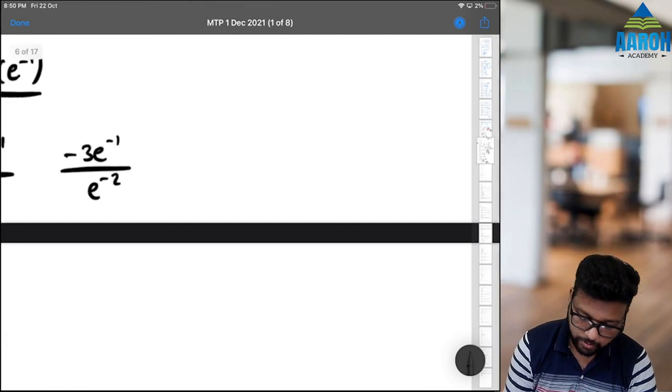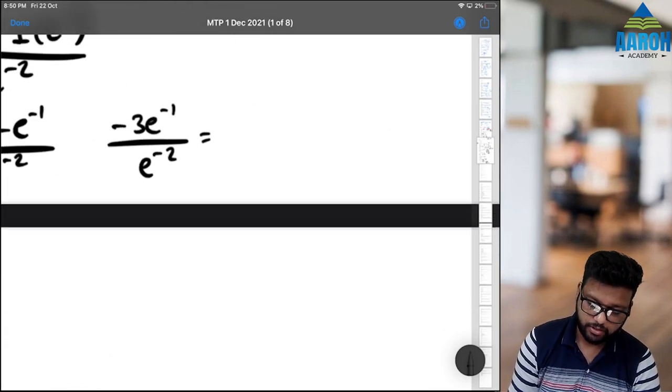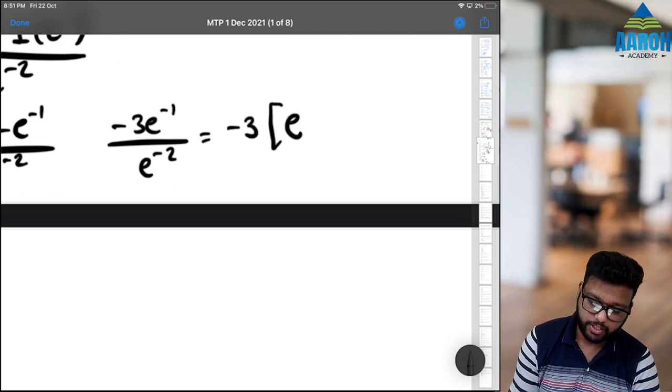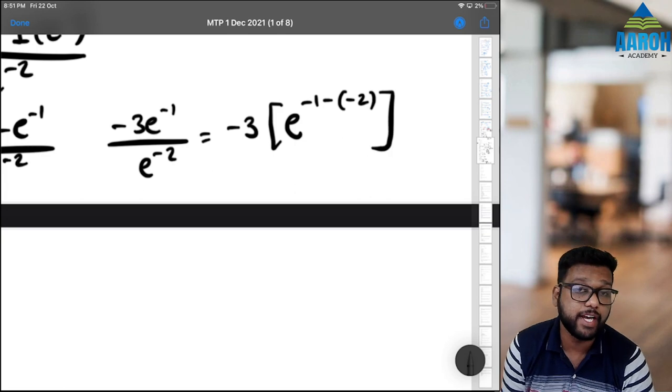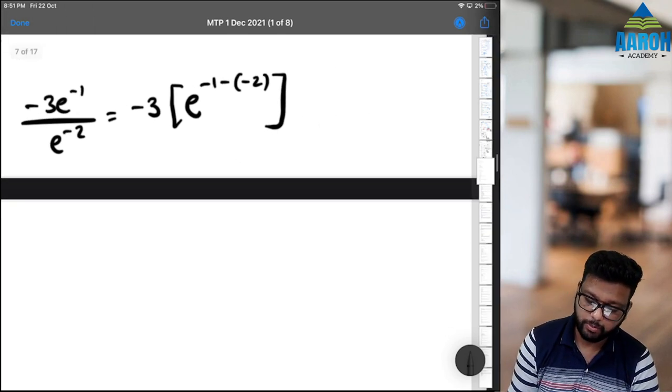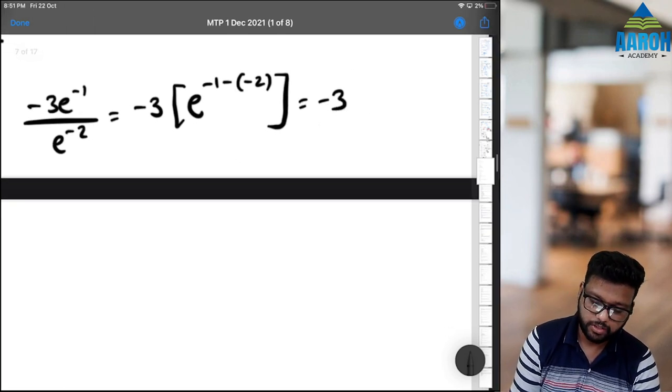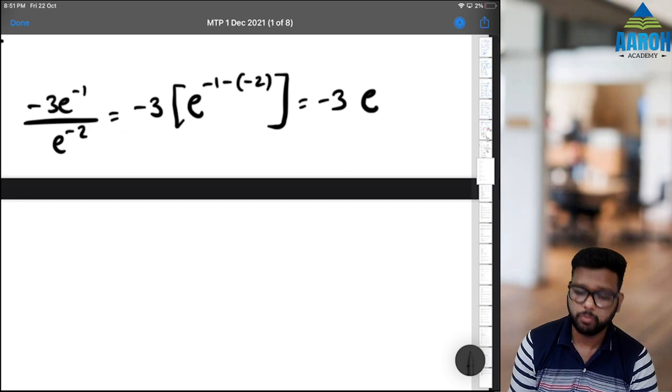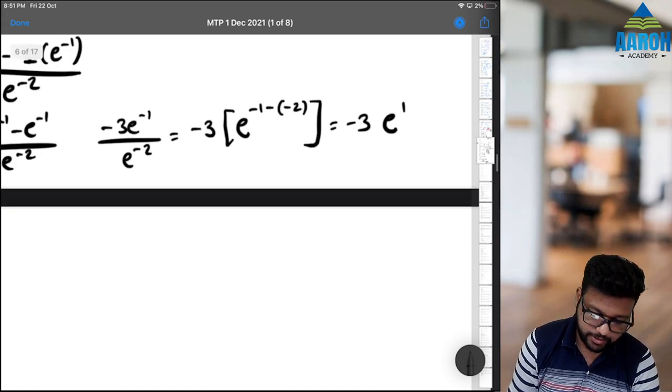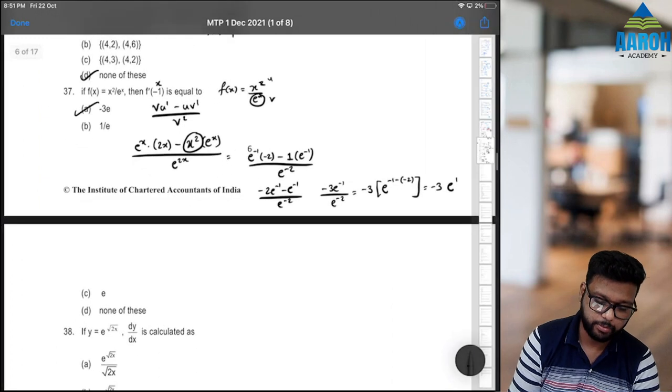It is not in the options because we have to simplify it. So minus 3 into e raised to minus 1 minus minus 2 using rules of indices. So it will be minus 3 into e raised to minus 1 plus 2, that is 2 minus 1, 1. So minus 3e is the correct answer, option A.